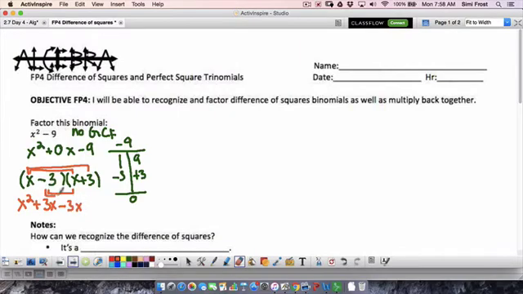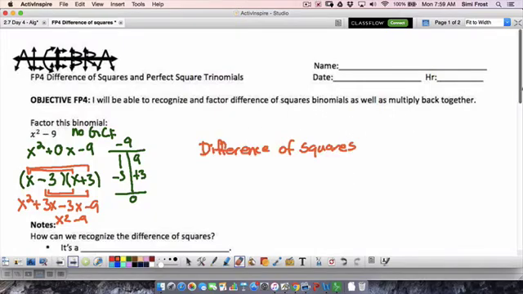And then last two terms, negative 3 times positive 3 is going to give me negative 9. So positive 3x minus 3x, well, these end up just canceling out, and so I'm back to x squared minus 9, which is what I started off with. So perfect. What this is, when you see this, is a perfect square. Or I'm sorry, not perfect square, difference of squares.